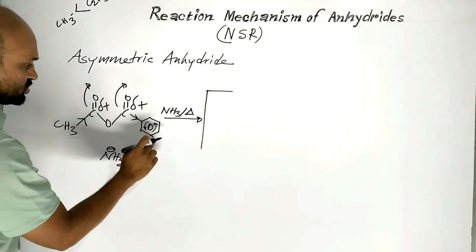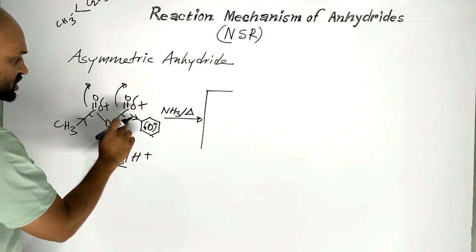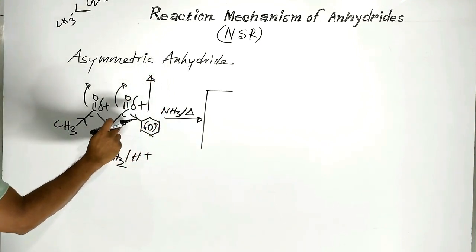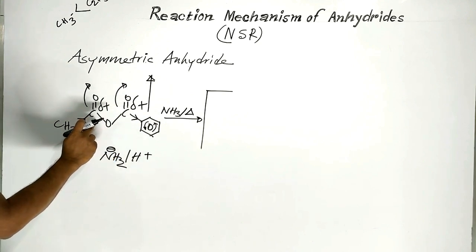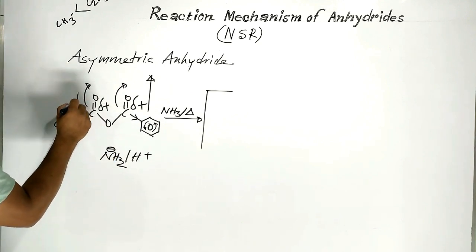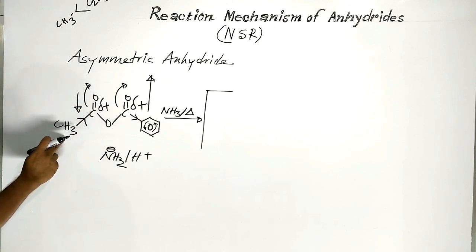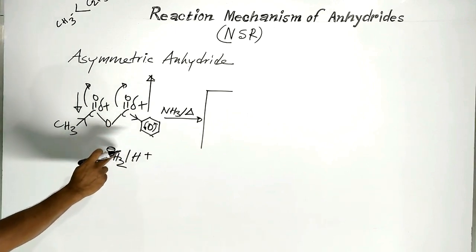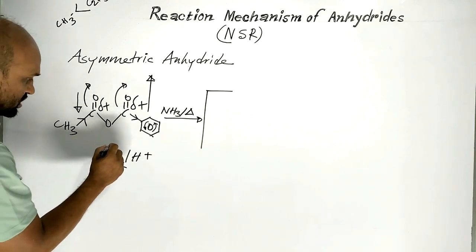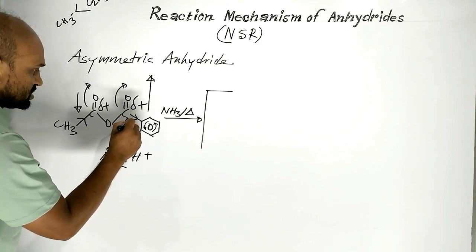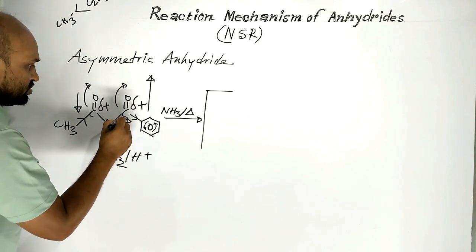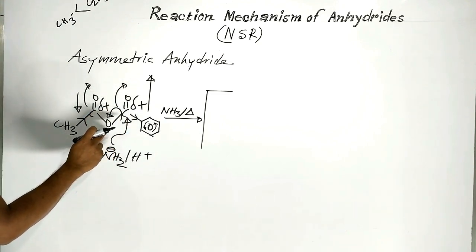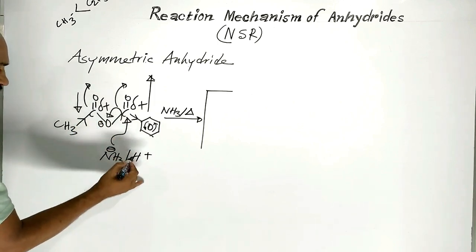So because of the phenyl group here, the positive charge density of this carbon increases to a greater extent, but here the positive charge density decreases because of the presence of the methyl group. So this carbon is much more responsive to the nucleophile. So the negative ion will attack this carbon. At the same time, this bond will experience heterolytic fission. Oxygen becomes negative in charge.